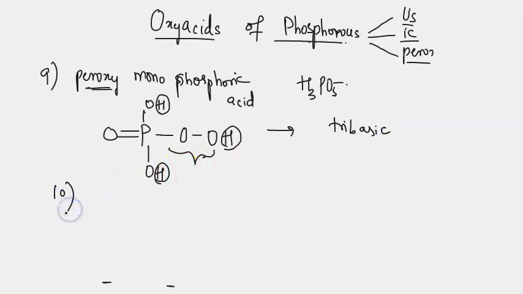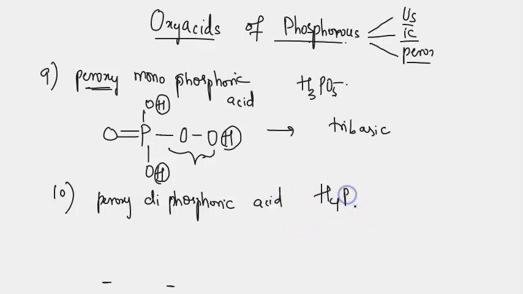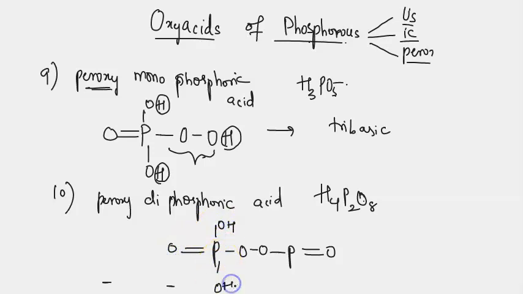The last one of the oxyacids is peroxydiphosphoric acid. Here the formula of the compound is H4P2O8, where there is one oxygen greater than that of pyrophosphoric acid. So the structure is POO P, double bond O, double bond O, OH, OH, OH, OH.